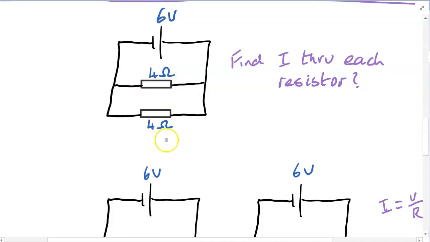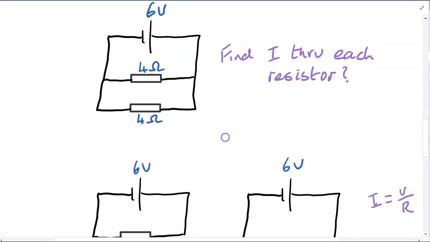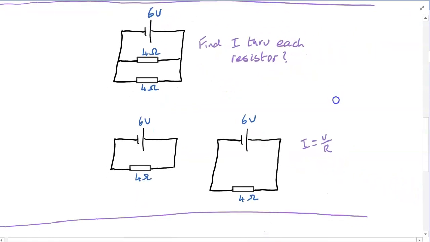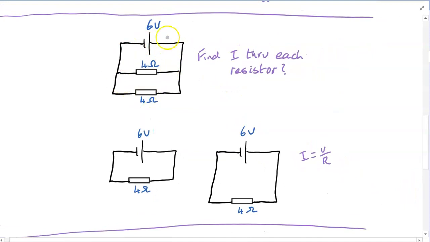I don't need to find the overall resistance, because if you look at this circuit, this top part is just a simple circuit with a 4 ohm resistor connected to a 6 volt battery. This bottom part is just another very simple circuit of a 4 ohm resistor connected to a 6 volt battery.